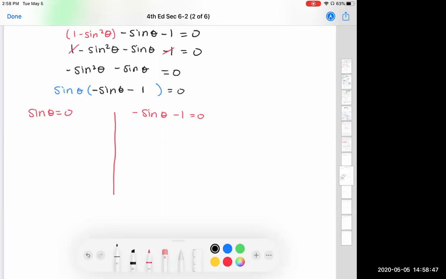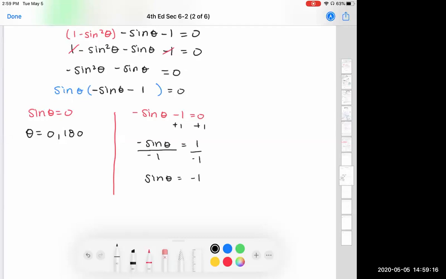All right, so when is sine 0? Well, sine is 0 at 0 and at 180. So theta is equal to 0 and 180. Let's go ahead and solve for theta in the other one. So plus 1, negative sine theta is equal to 1 divided by a negative 1. So we're left with sine theta is equal to negative 1.